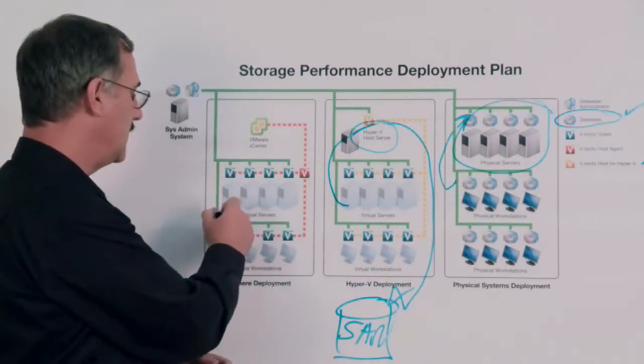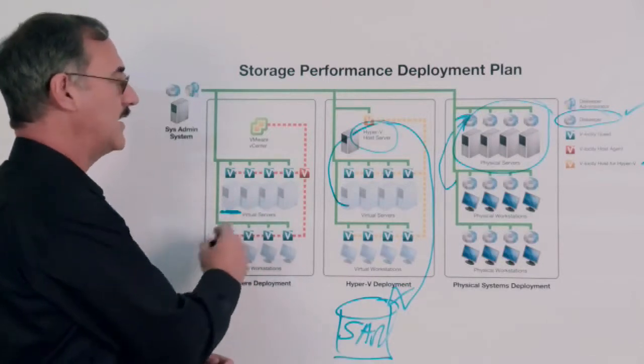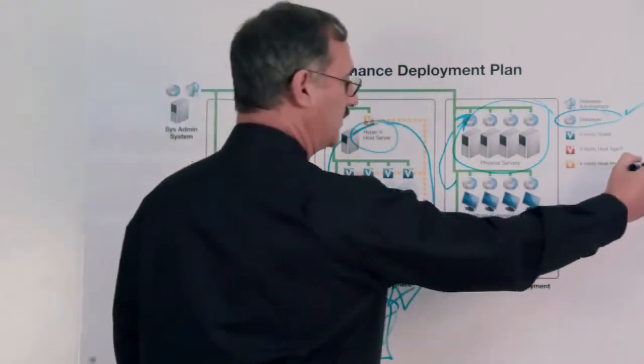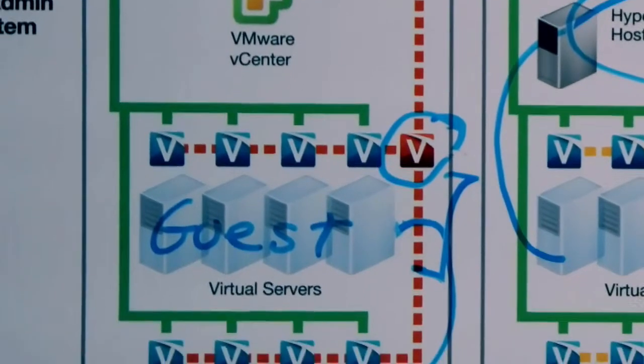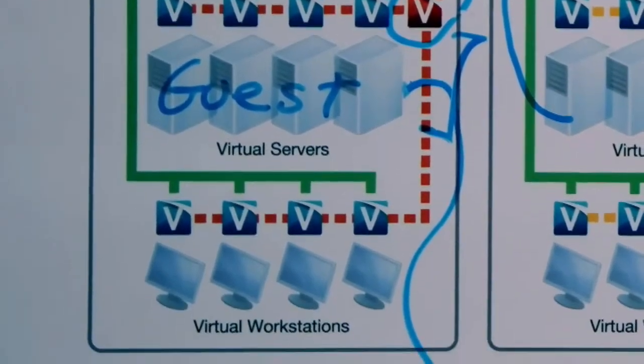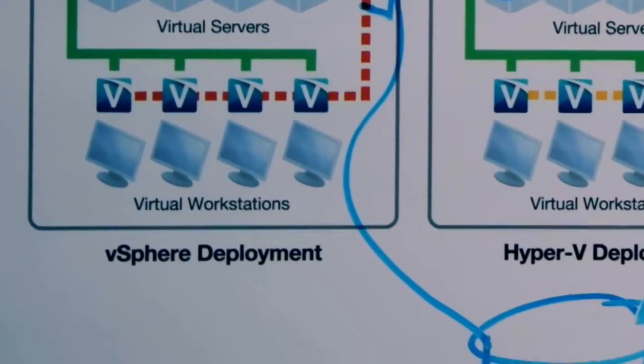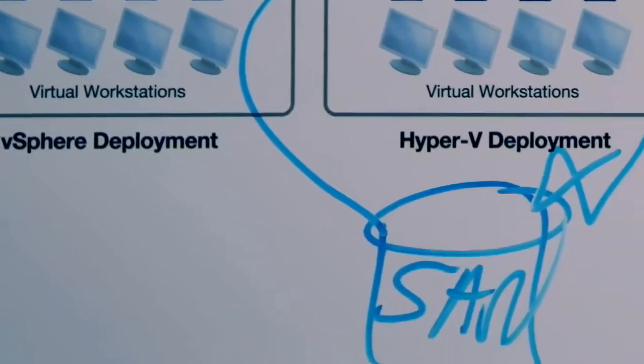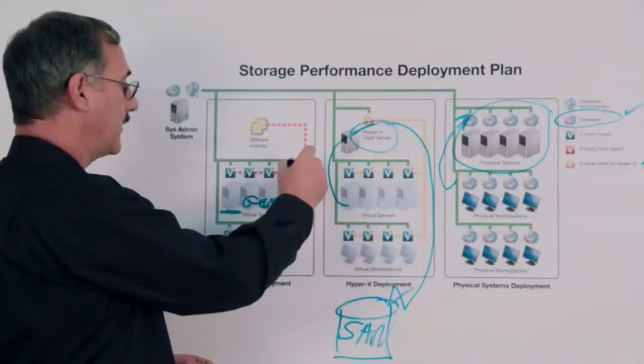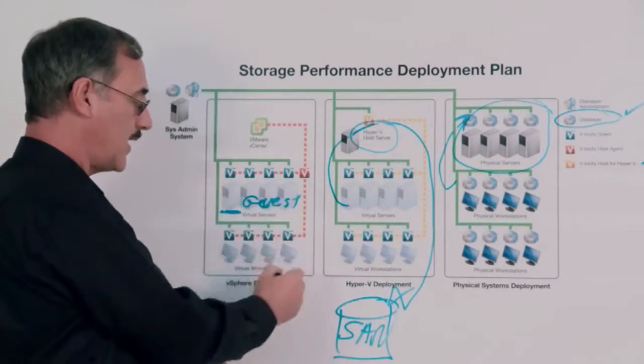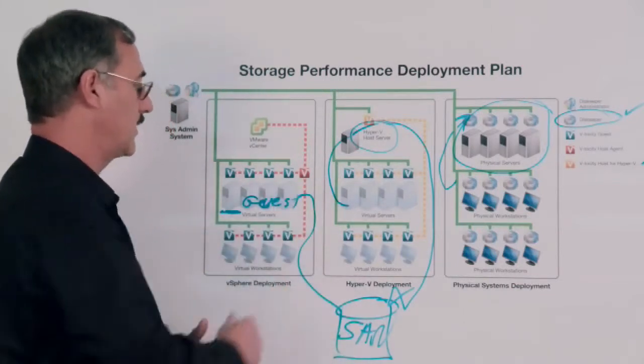So anything that is done at the virtual level needs to have V-locity guest. Start out with the V-locity guest on each of the virtual machines, whether they be servers or workstations. And again, this will optimize and handle the I/O traffic that goes to whatever type of storage.